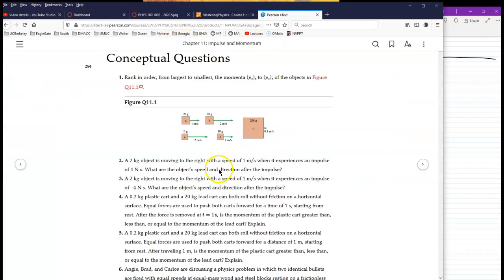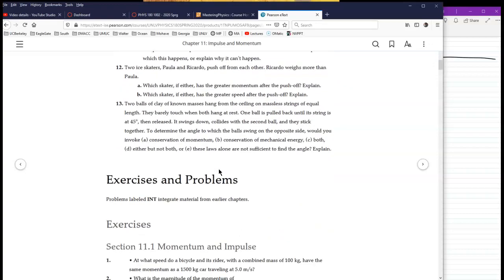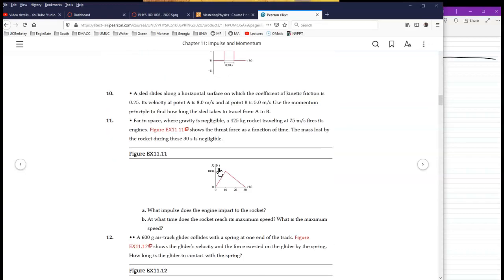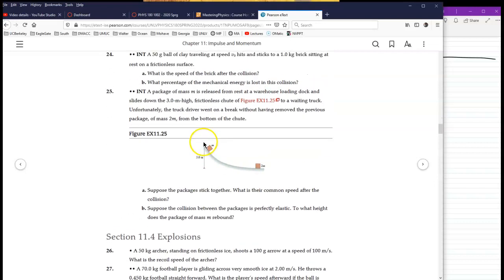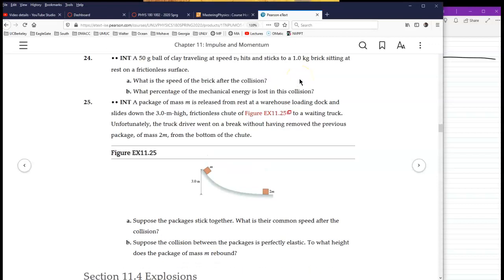There it is right here. Let me magnify it a little bit. This is the picture right here. You see that picture right there? Let me make it bigger.